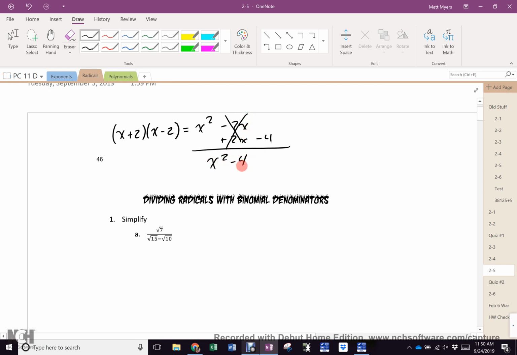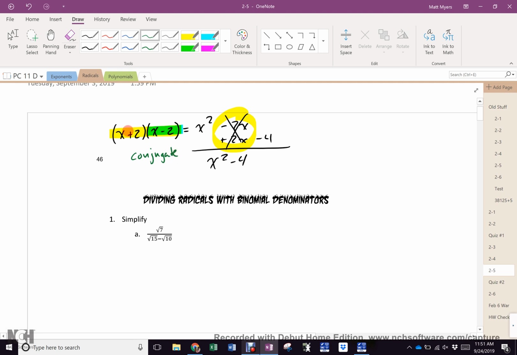Now, what is it about this expression that allows that to happen? The plus 2 and the minus 2, right? It's the exact same numbers with a different operation. All right? This part is what we call, and I will write it in green, a conjugate to the first part.